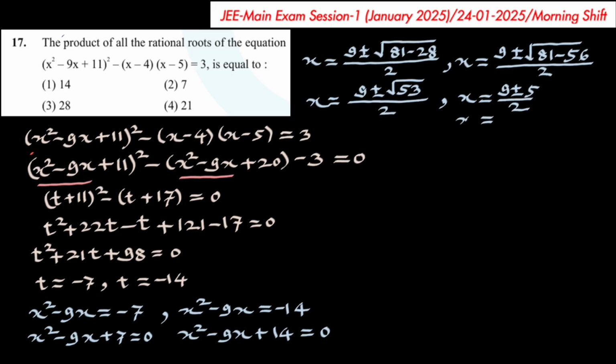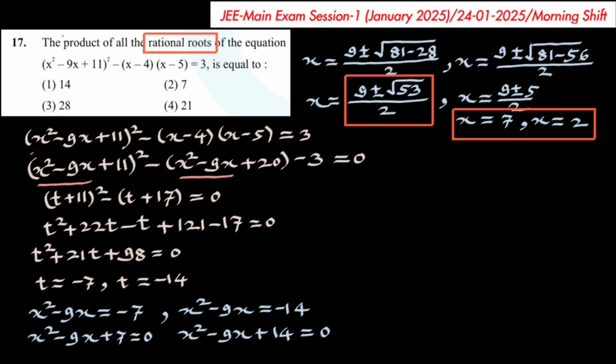This gives x equals 7 and x equals 2. We require only rational roots, so we will choose these two roots only and reject these irrational roots. We want the product of these rational roots, so the product will be 7 times 2 equals 14. Hence the correct answer option here is 1, 14.